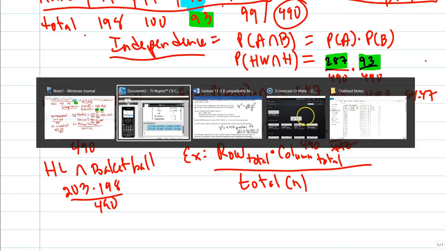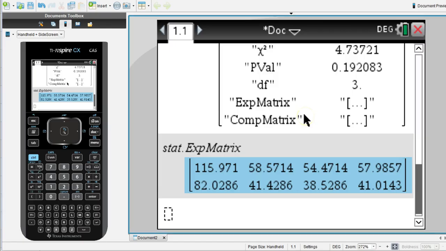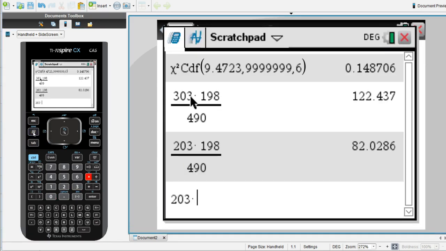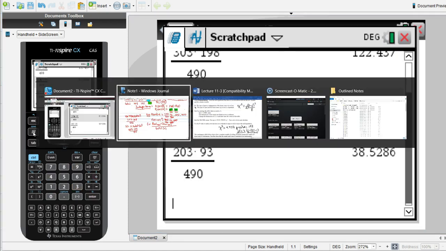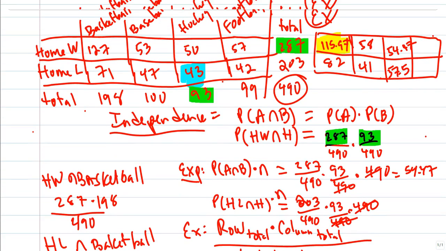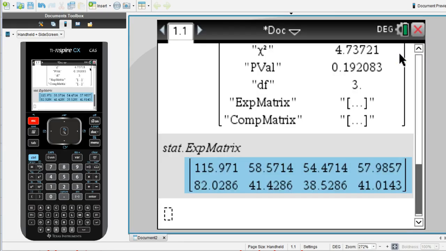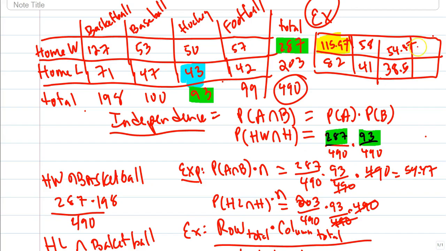So let's do 203 and 490. 203, 93 over 490. How about 38.52? And what does it have? 38.52. What is this? 57.98? Or I guess 99. And this one is 41.01.